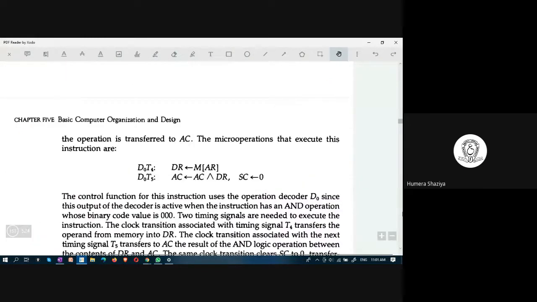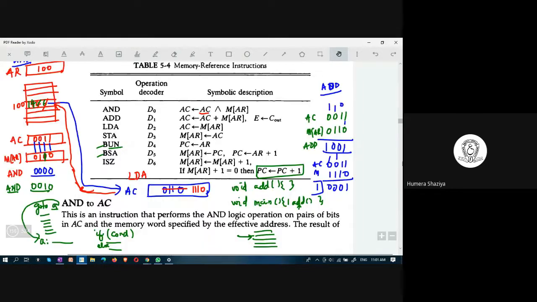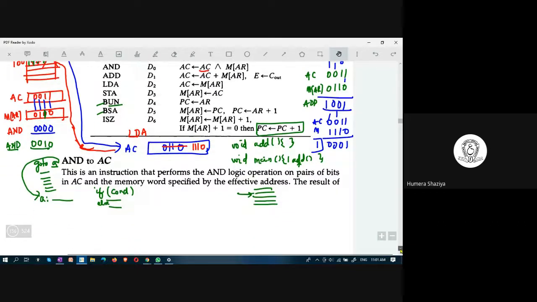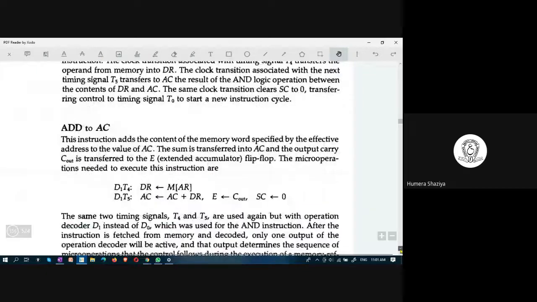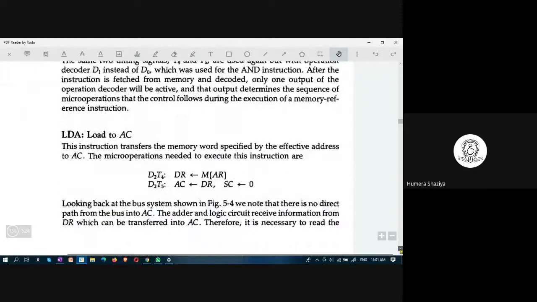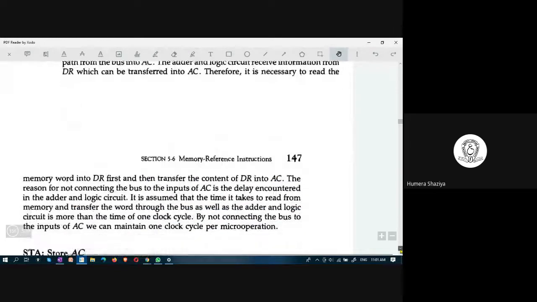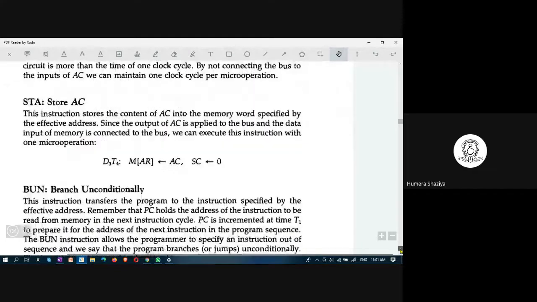Now this they have further explained with the help of D value and timing value. This is your task to be done today. You have to go through the contents of this text, page numbers 145 onwards. Page numbers are not given in this. All these you should read.